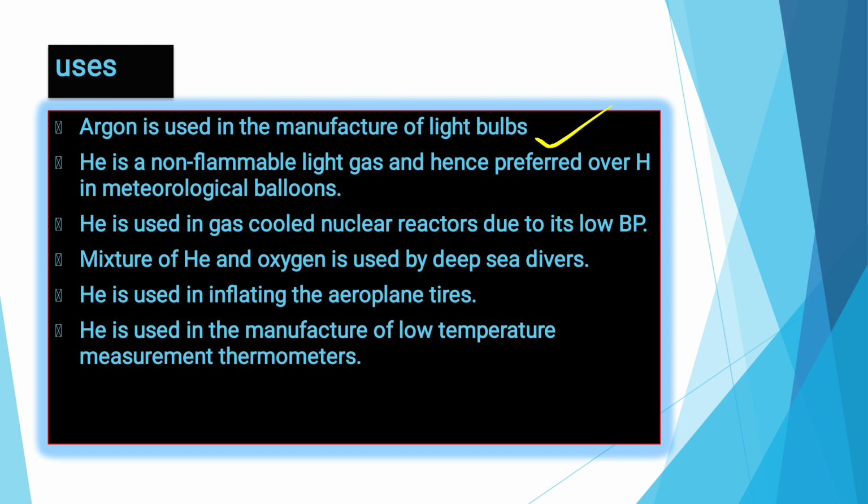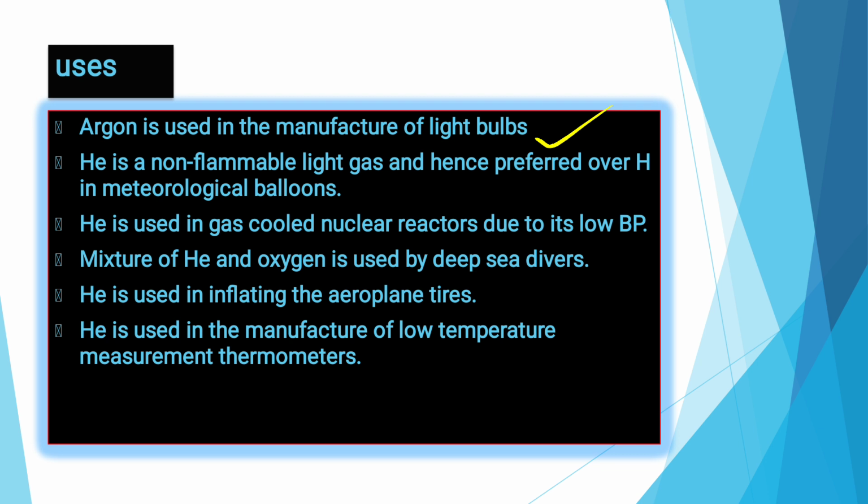And therefore, for the reason that it is not flammable, it is actually preferred in meteorological balloons, where initially hydrogen was used, but remember that in case of fire, hydrogen burns explosively and could cause a lot of harm. So helium is usually preferred.